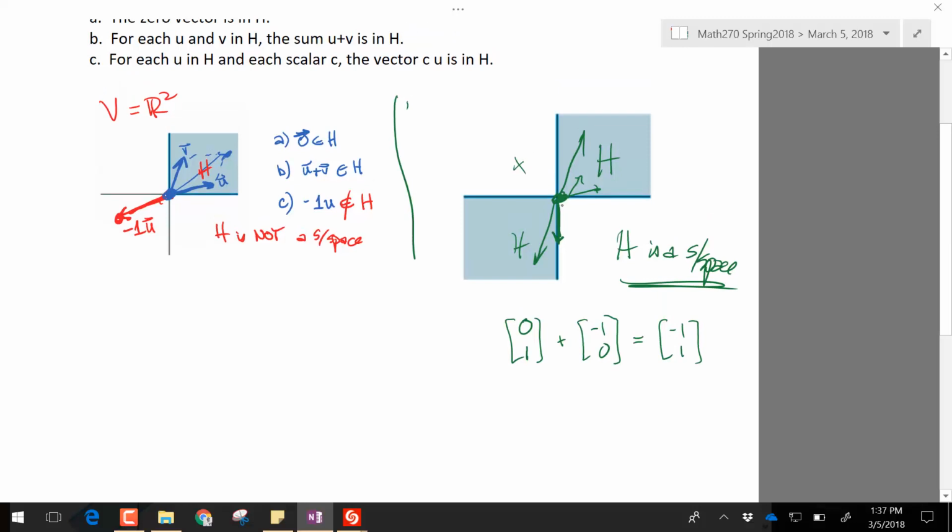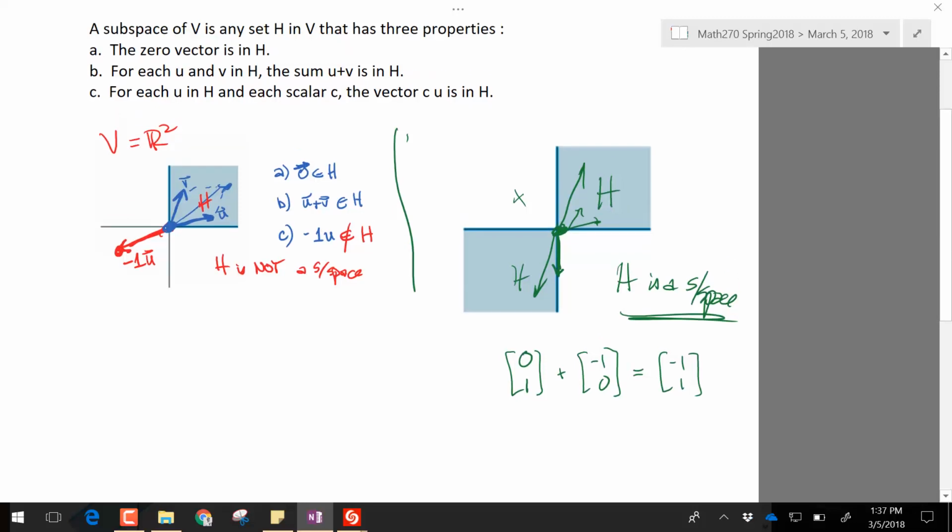Zero, 1, negative 1, 0. Wait, negative 1, 0, 0, 1. And you add them. What's wrong with this logic?